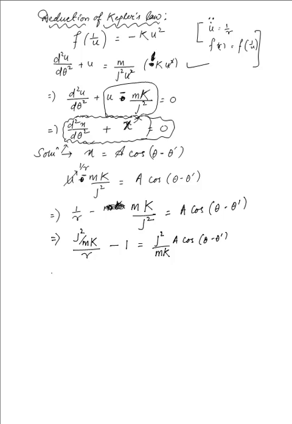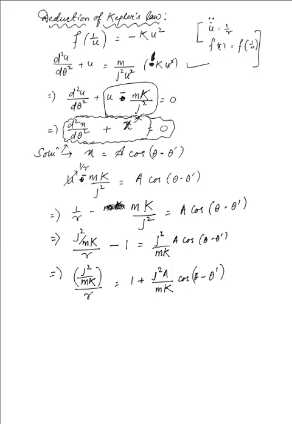Well, the 1 can just go to the other side. J squared divided by mk whole divided by r. I'll tell you why it's in that form, because it'll be a meaningful expression in that case. J square a divided by mk cos theta minus theta dash.